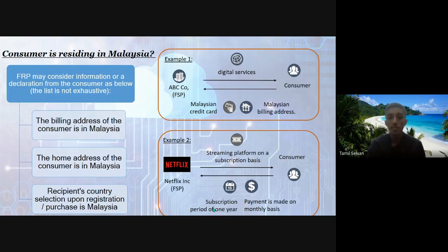Second example, Netflix, a foreign service provider, sells a streaming platform on a subscription basis to a consumer. For a subscription service like this, let's say from January until June the consumer is in Malaysia, and for the rest of the year the consumer is outside Malaysia. That person will be considered a consumer only for those 6 months.